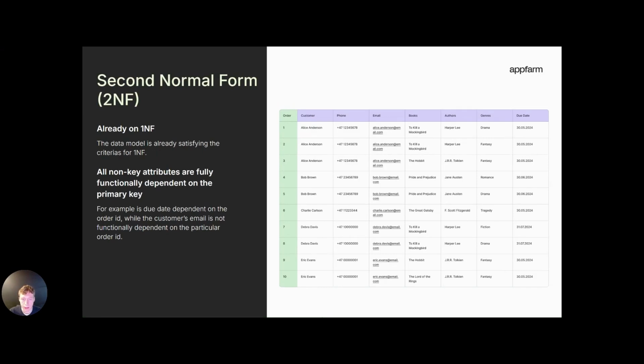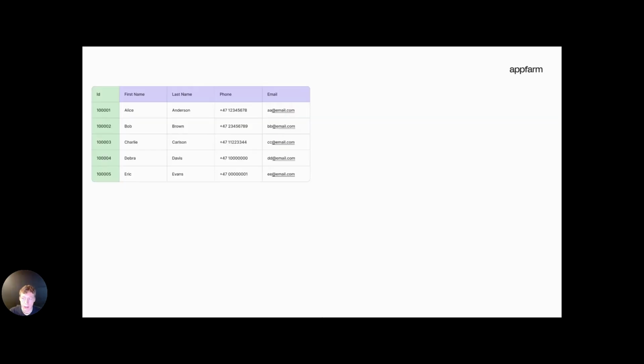So in this case, we have the customer's phone number and the customer's email address, which should be functionally dependent on a customer ID, rather than the primary key of the order table. We have author information and genre information, which is not dependent on the order ID, but more on a book ID. So we should split this dataset up into multiple tables.